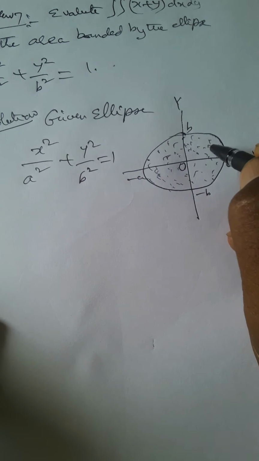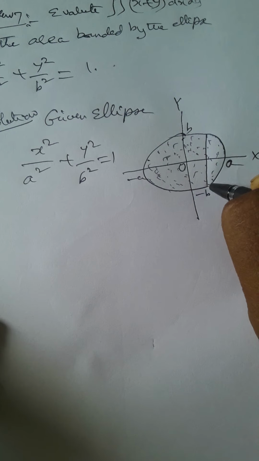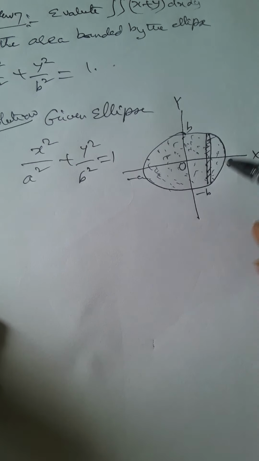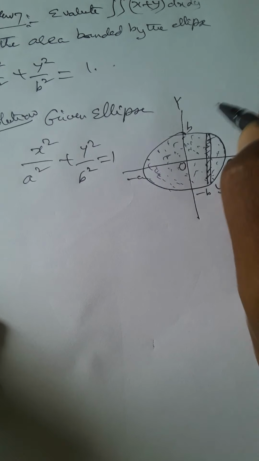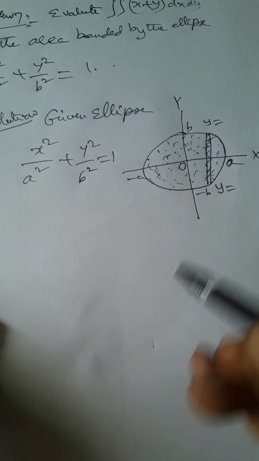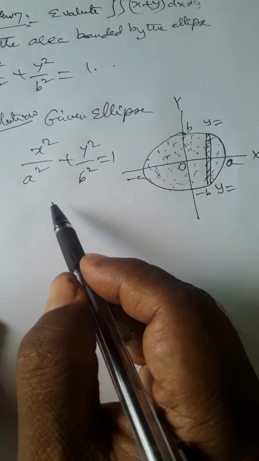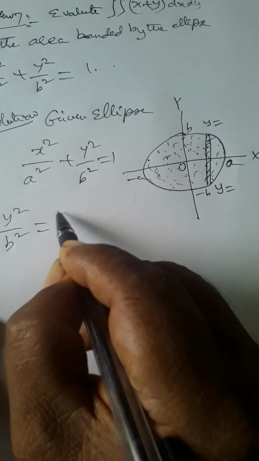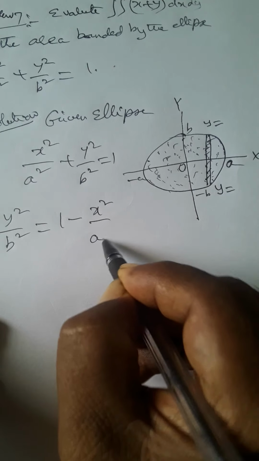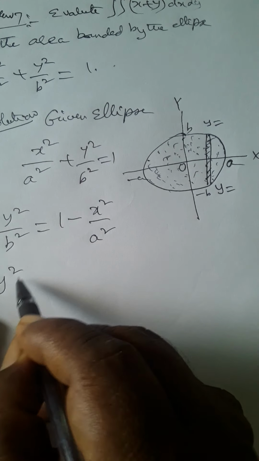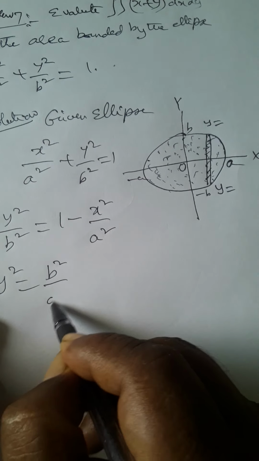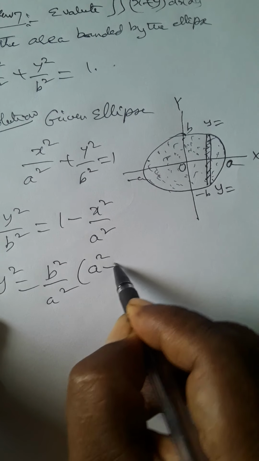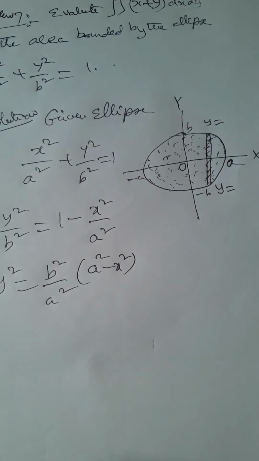Now you take an elementary strip parallel to the y axis. Here y is equal to, from the ellipse we get y square by b square is equal to 1 minus x square by a square. So y square is equal to b square by a square into a square minus x square, taking LCM.